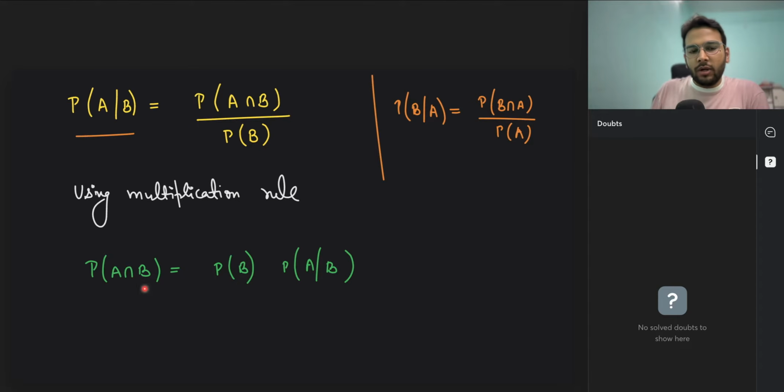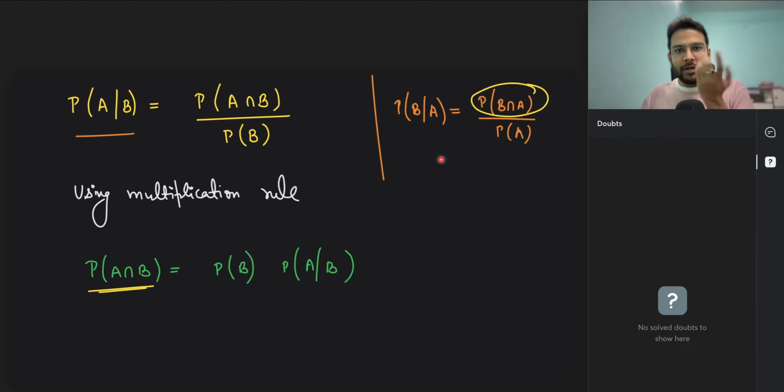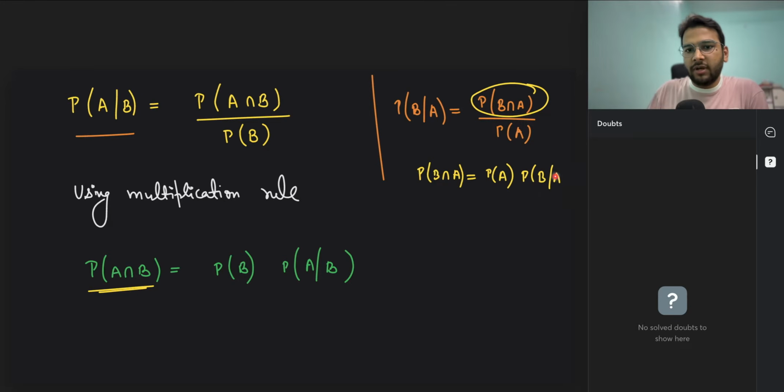Now, can I say this thing and this thing are the same? Because ultimately you are finding the joint probability of events A and B. Similarly, B intersection A is nothing but probability of A into probability of B given A. Let's call this equation 1 and equation 2.